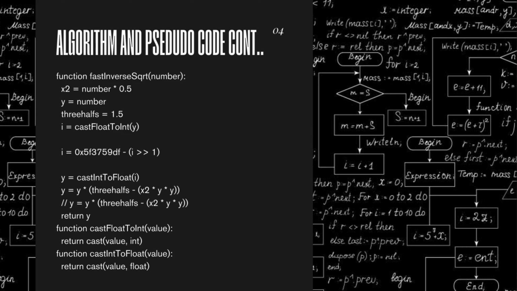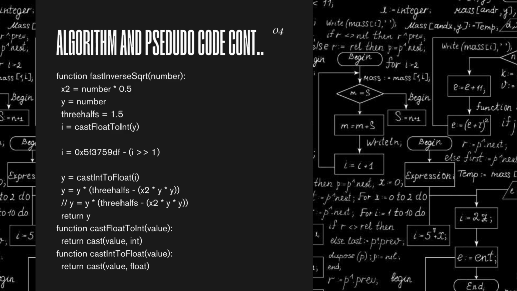Just how we discussed in the original algorithm, the bit level hacking is done here as well. As you can see in the line i equals cast float to int y, it converts the floating point number y to an integer i. This is a form of bit level manipulation. As you can see in the line after that, i equals 0x5f3759df minus i shifted right by 1.